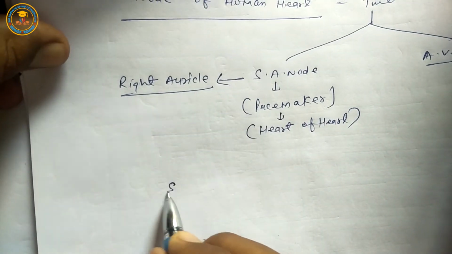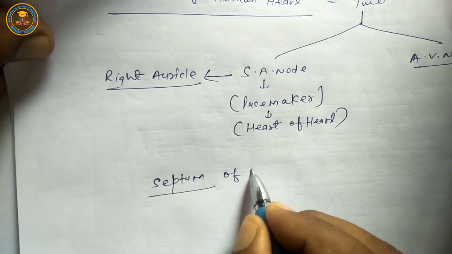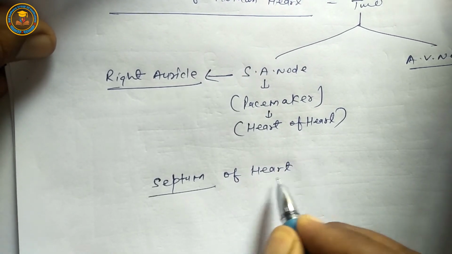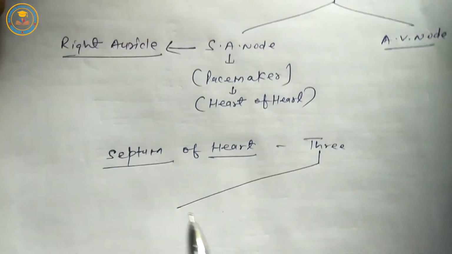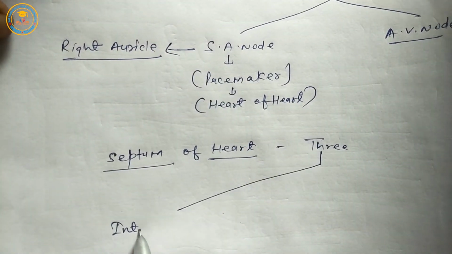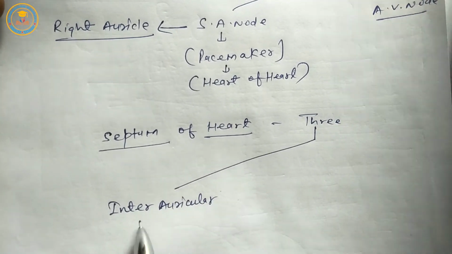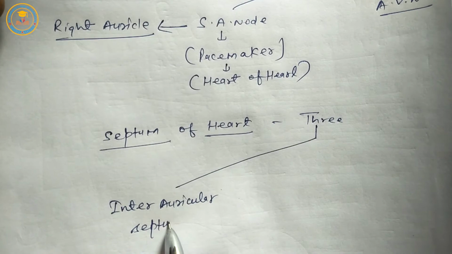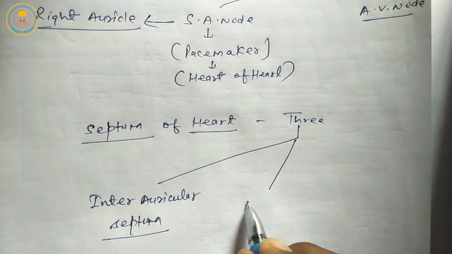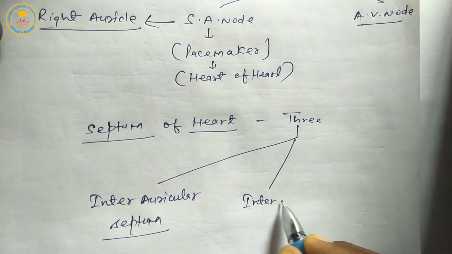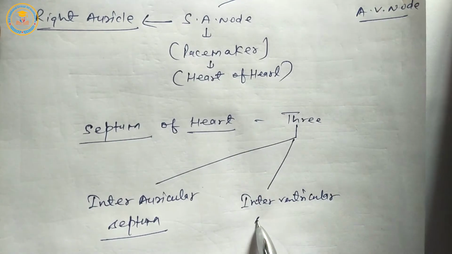Next, the septa of the heart are 3. First is the interauricular septum. This septum is located between the right and left auricle. Second is the interventricular septum.